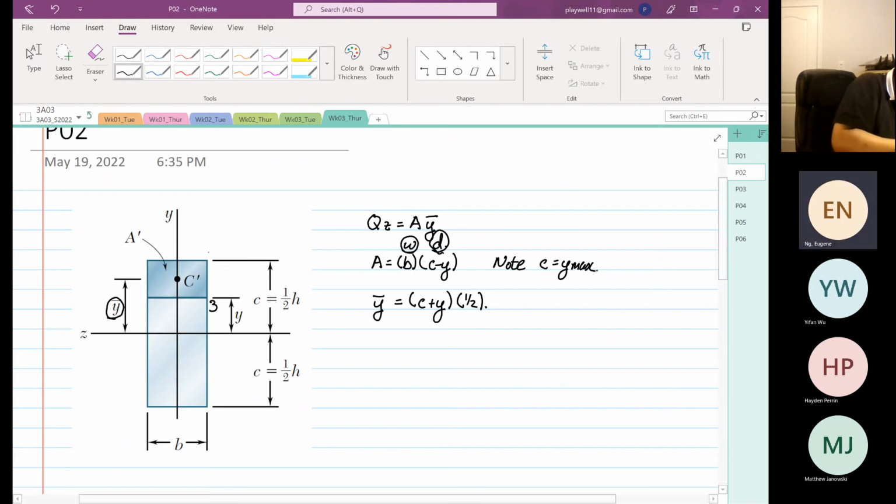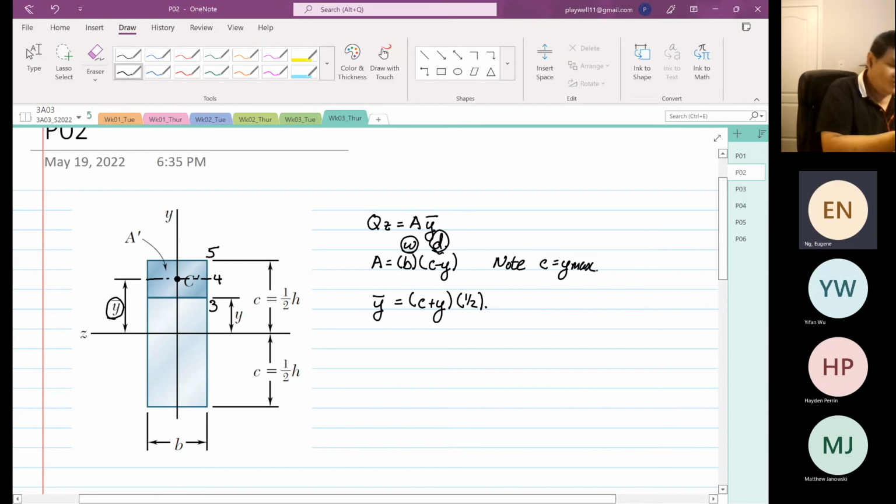This is equal to 5, for example. Okay. So without doing any calculation, right? You know at C or C prime, this is equal to 4, right?